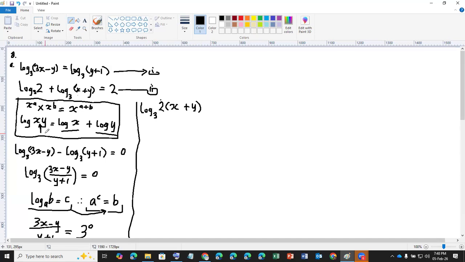If I see something like this on my left hand side, I can interpret it as log x plus log y. And if I see log x plus log y, I can take it back to log of x times y. That's exactly what I did back here. You understand what I just did now?